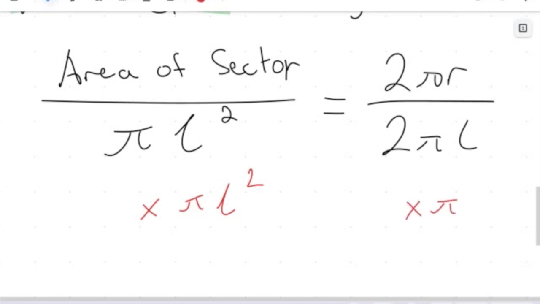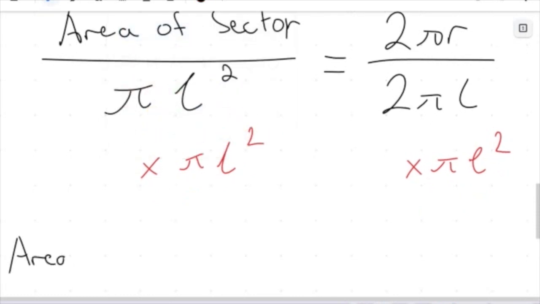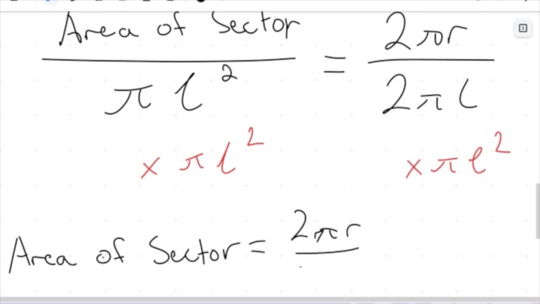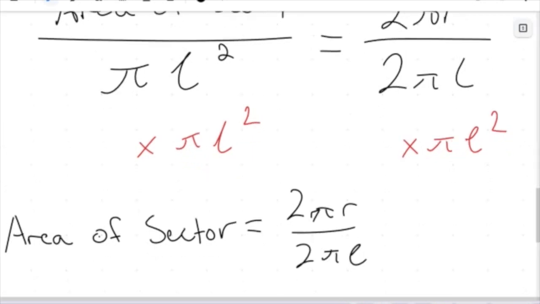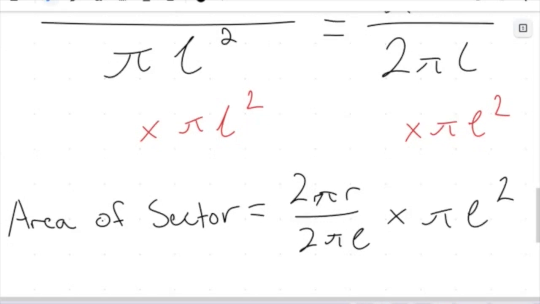So I'm going to times both sides by pi L squared, which gives me the area of my sector being 2 pi r over 2 pi L multiplied by pi L squared.